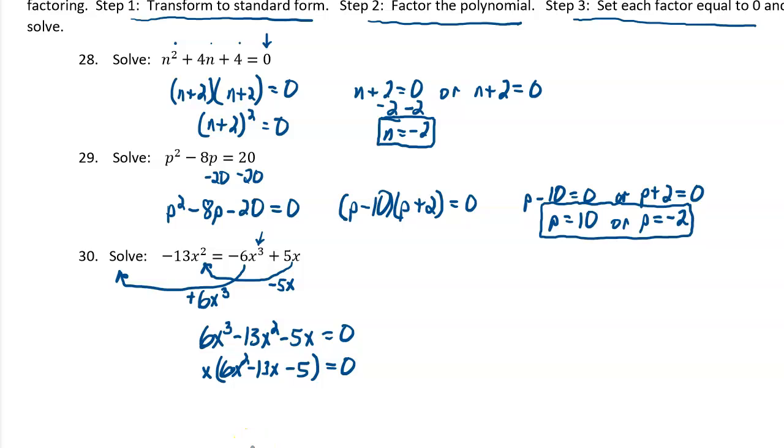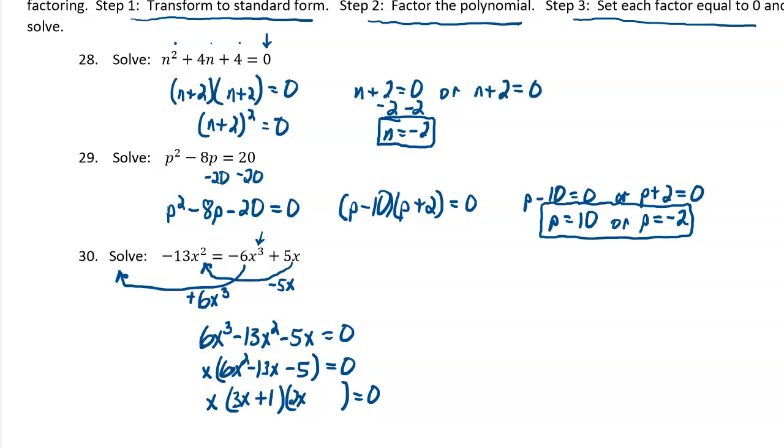Now factor the trinomial using two sets of parentheses. One way of making 6x squared is 3x times 2x. Another possibility is 6x times 1x, and we'll try that if we can't make it work with these two numbers. Now to make -5, we could use a -5 and a +1.